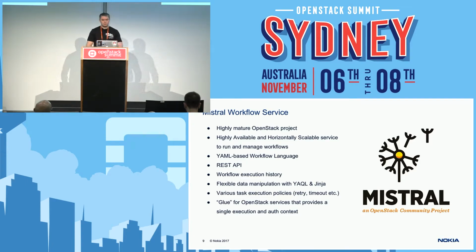It also allows you to design how your data actually flows through your process and how it gets transformed from one task to another. And it also supports things like task execution policies. Like, for example, you saw in the demo that one of the tasks was just waiting until the VM is fully migrated.